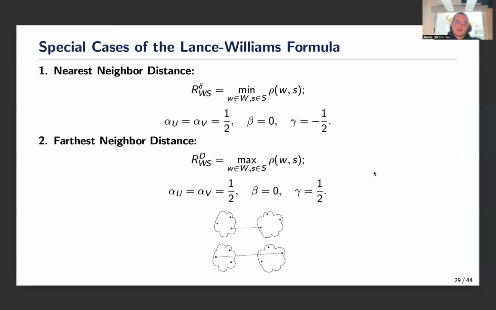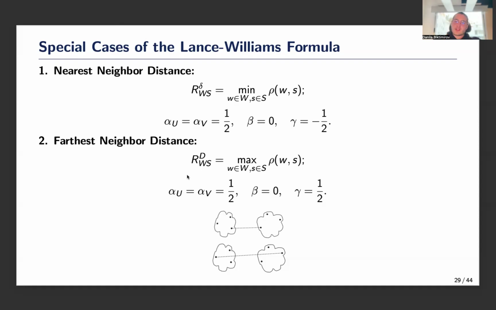It's just the nearest neighbor distance between clusters. So here's the image. The distance between W and S is going to be just the minimum distance between these two points.